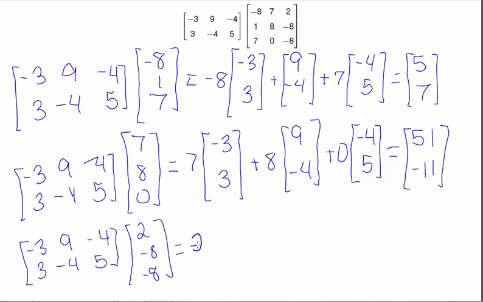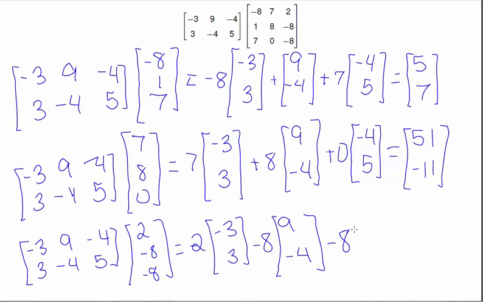So I have 2 times -3, 3, -8 times 9, -4, and -8 times -4, 5.